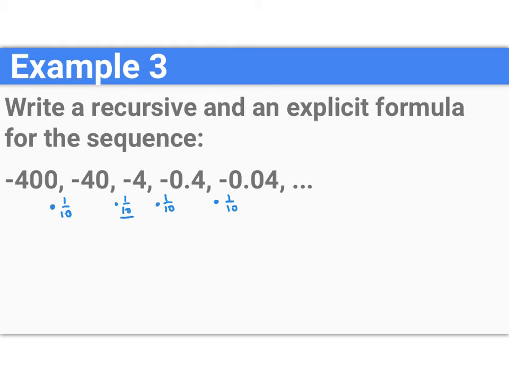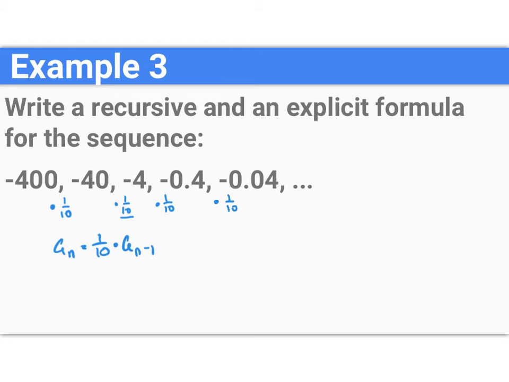Our first term is negative 400. How do we do this? What is our recursive formula? A sub n equals 1/10, our common ratio, times any A sub n minus 1.